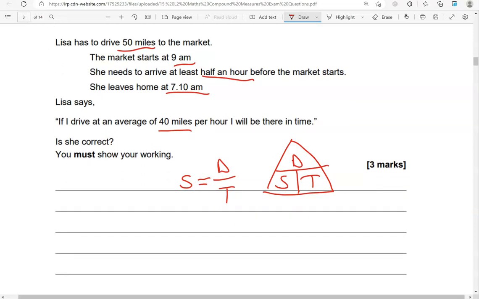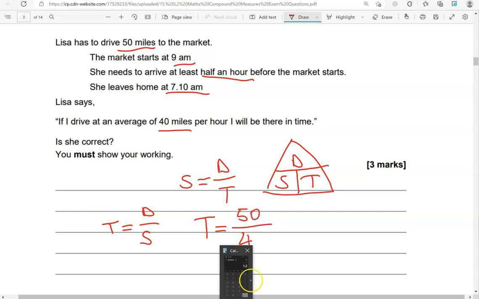So again, to work out time, we'll do distance divided by speed. So time is equal to the distance, which is 50 miles, and the speed is 40 miles per hour. We can simplify the fraction here by dividing by 10, so we get 5 divided by 4.